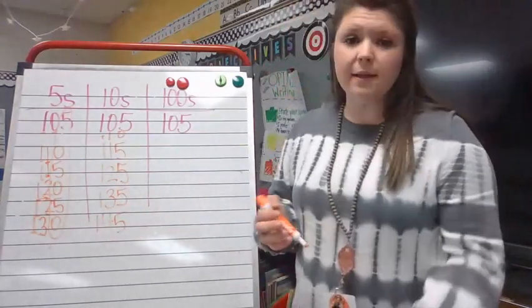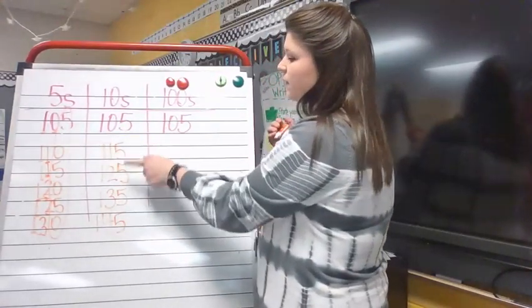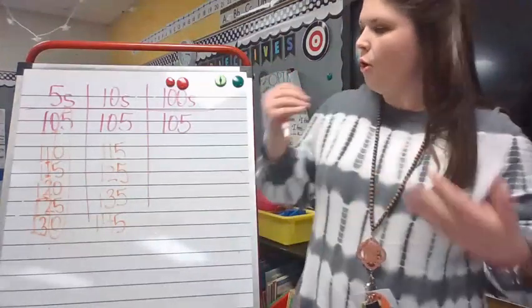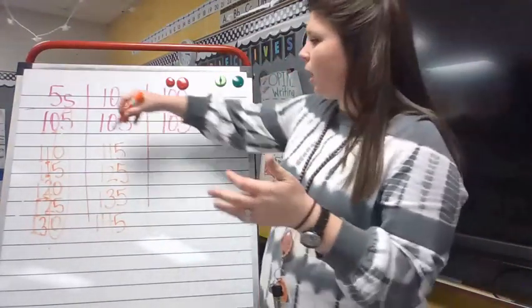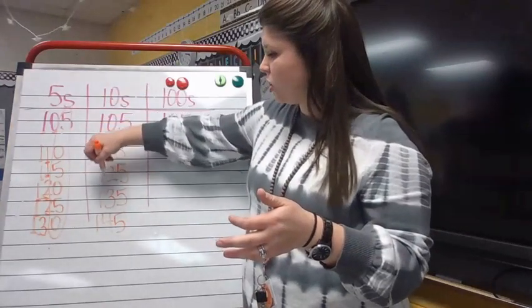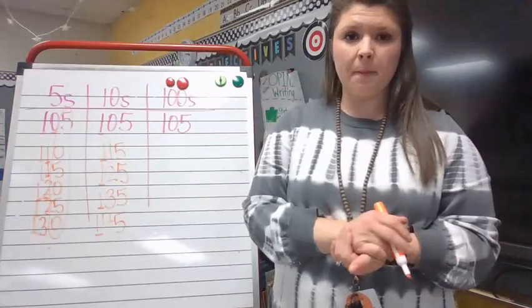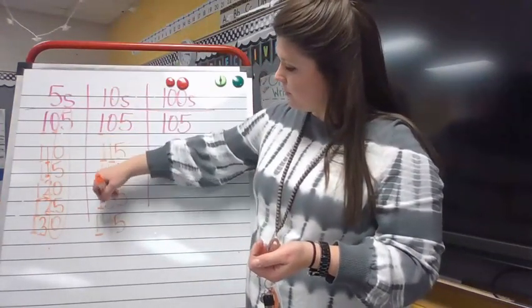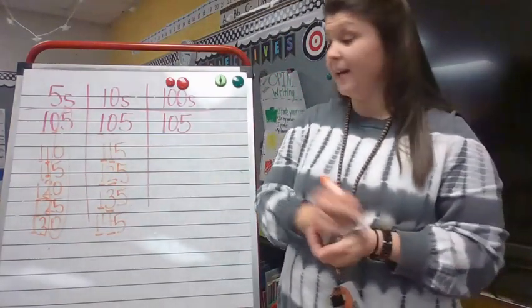All right, so let's look at the digits in these numbers. 105, 115, 125, 135, 145. What are you noticing? Let's look at our hundreds. Did our hundreds place change? No. Did our tens place change? Yes.